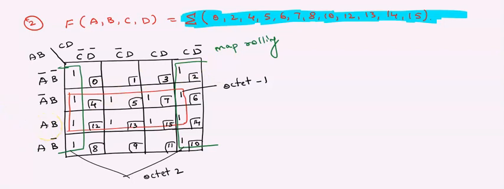Now let me reduce it. First let me write the octet 1. What is octet 1? This. As you can see, these elements we have to write.